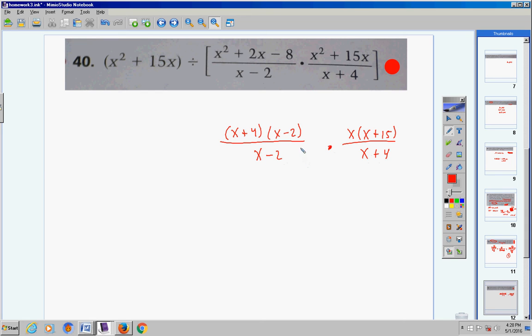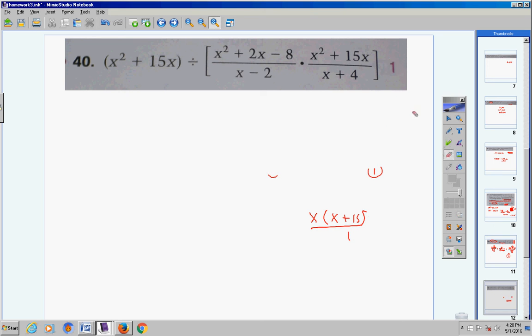So I can diagonally cancel. I can vertically reduce. So 1 times all of this will just simply be x parentheses x positive 15 all over what? All over 1. 1 times 1. So I multiplied these two fractions together right here. And I got this.